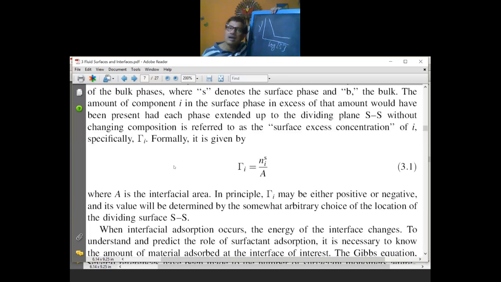If you recall, I told you that by measuring the surface tension, in addition to the critical micelle concentration, you can also determine two parameters.